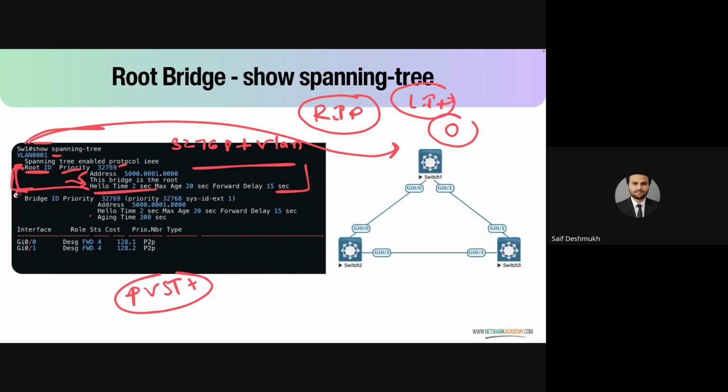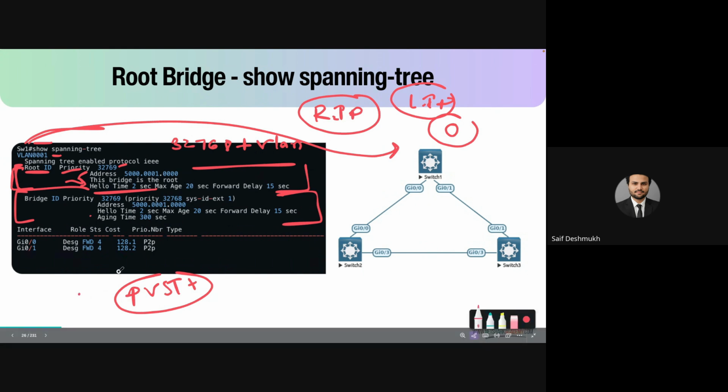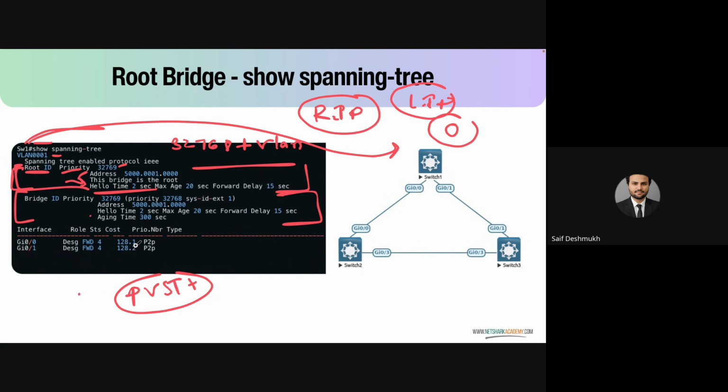Even though it's a root bridge, which can change, the local bridge ID is also mentioned here separately. The priority is set separately here. Bridge ID, address, hello time. Now what is this? Aging timer.